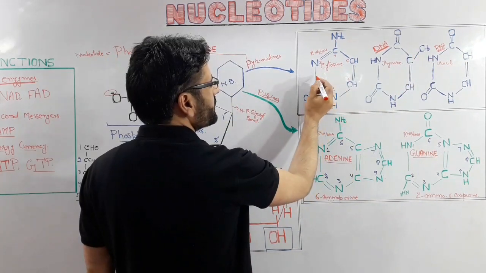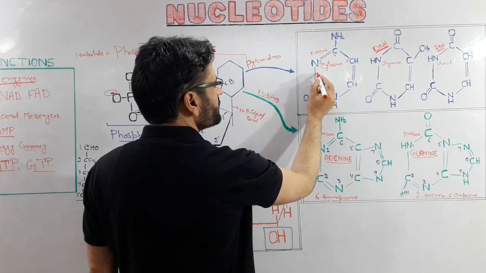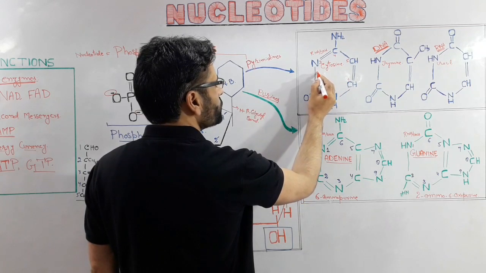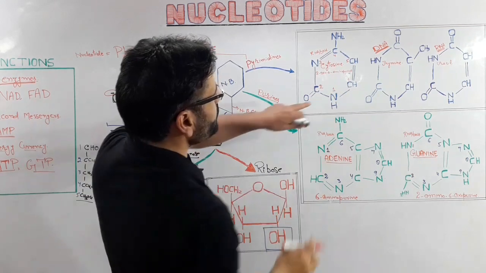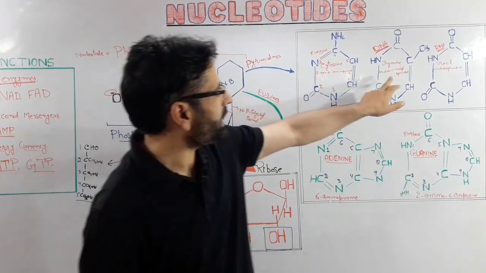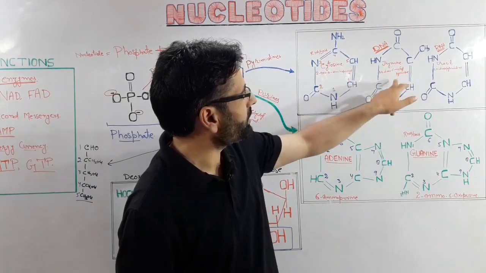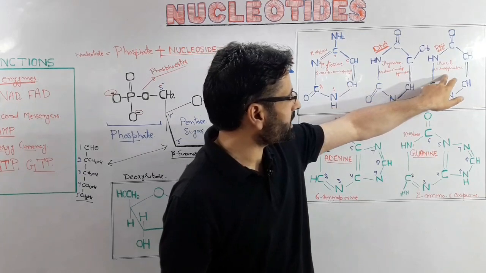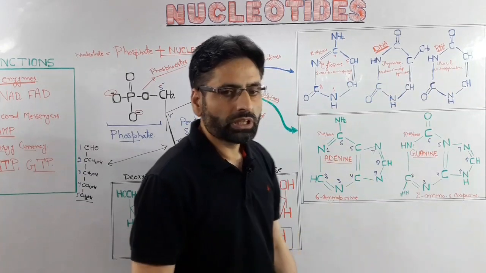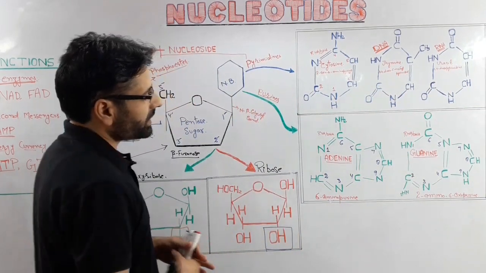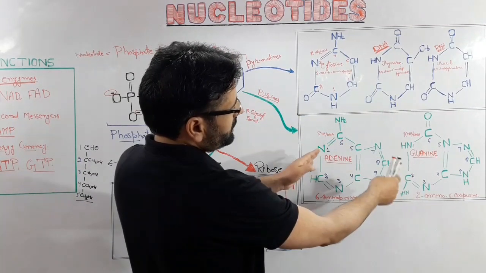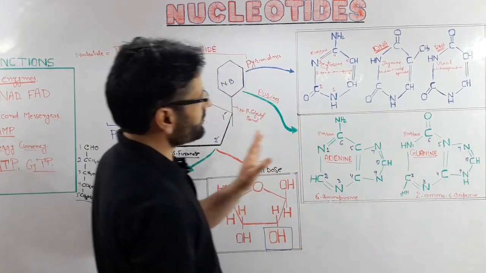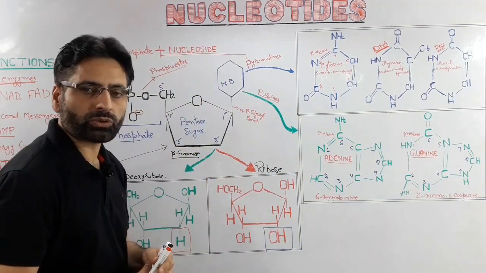Here you can write the other name of cytosine as 2-oxo-6-amino pyrimidine, thymine is 2,4-dioxo-5-methyl-pyrimidine, and uracil is 2,4-dioxo-pyrimidine. These are the five nitrogen bases present in the nucleotide molecule.